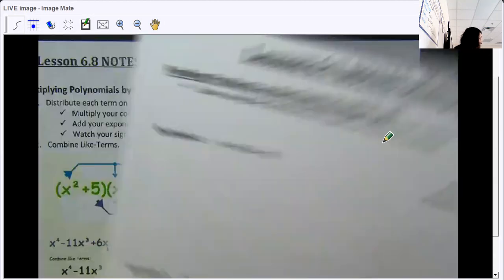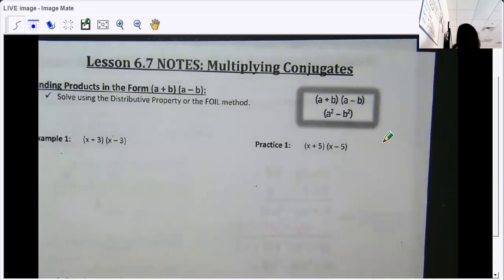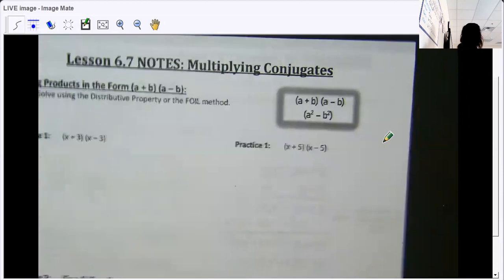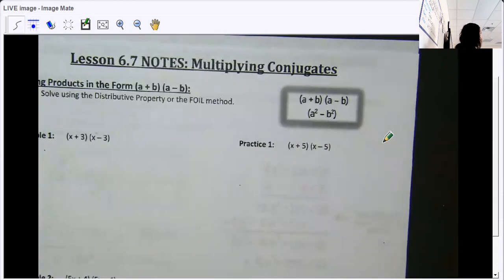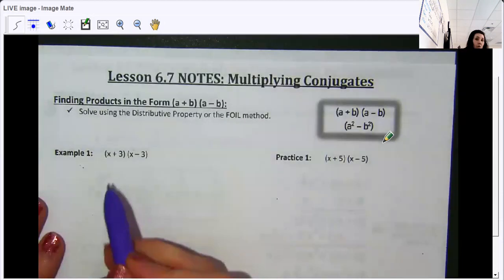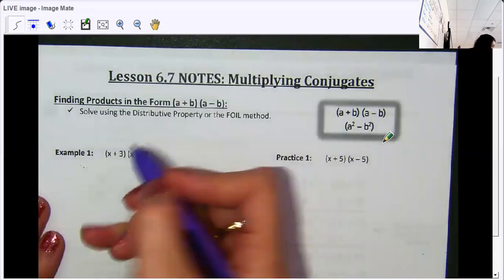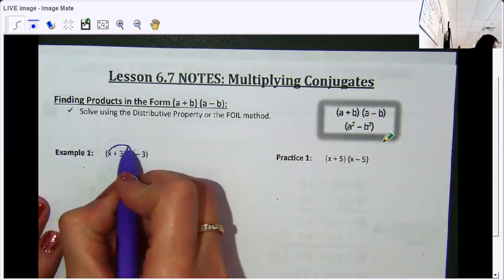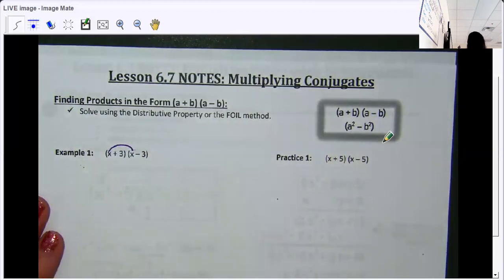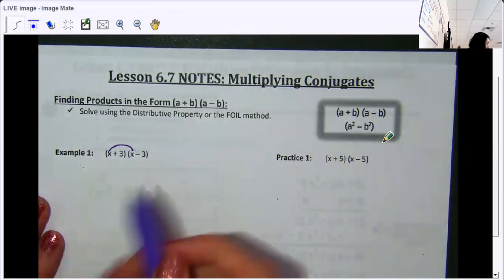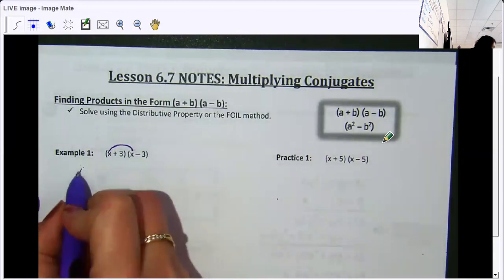Again, this is just using the distributive property, or some people like to use the FOIL method because it reminds them how to multiply. So as a reminder, when you multiply here, you are multiplying your first two terms inside both parentheses. So x times x is x squared.